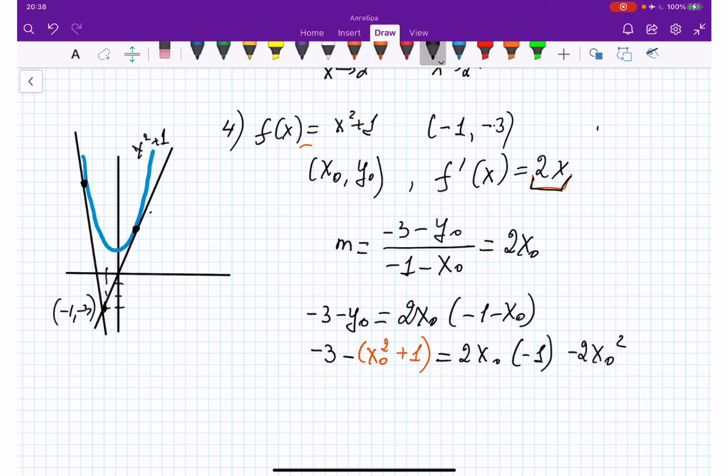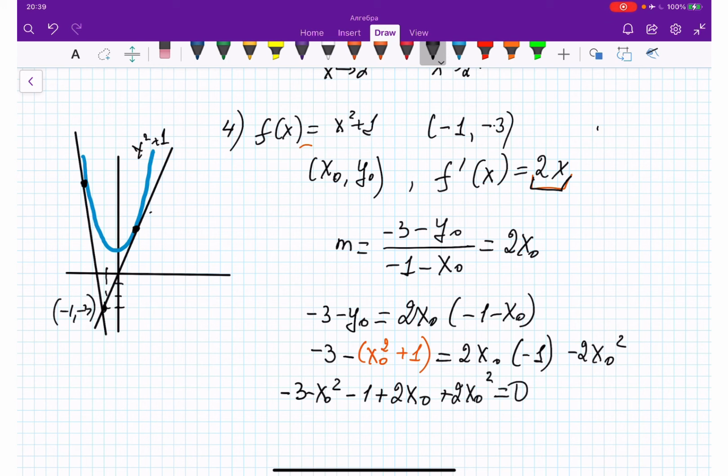Okay, so from here we have -3 minus x0 squared minus 1 plus 2x0 plus 2x0 squared equals 0.